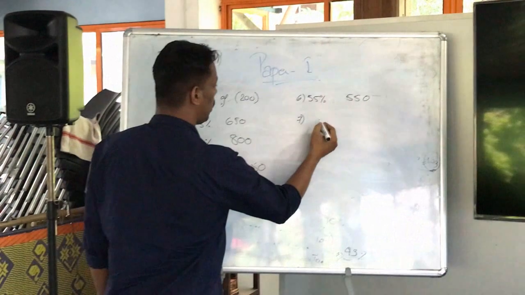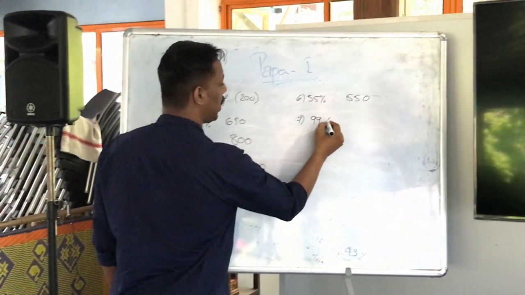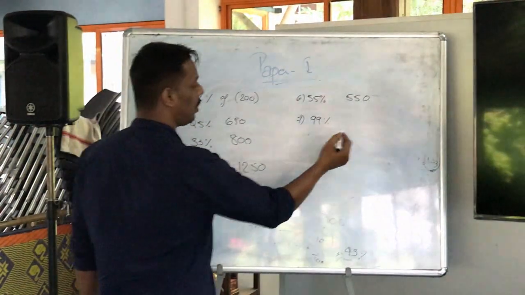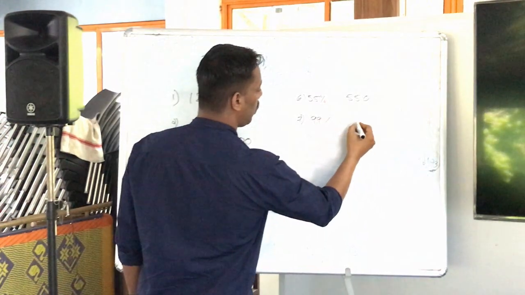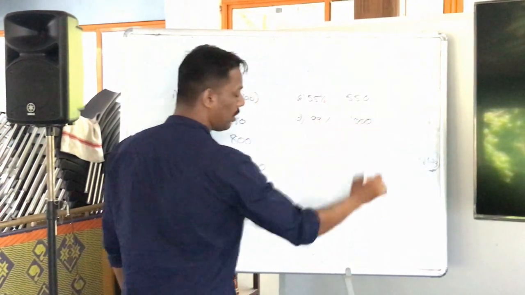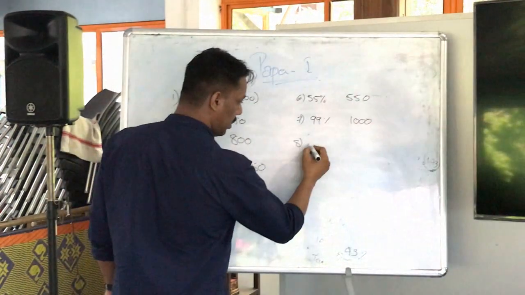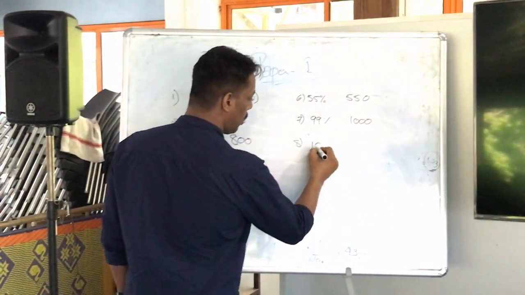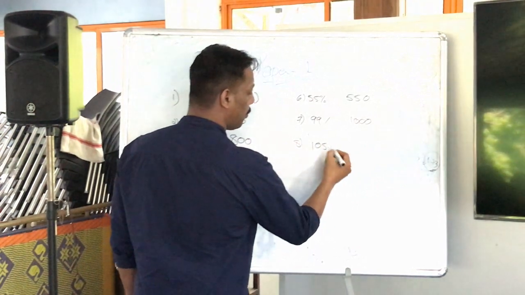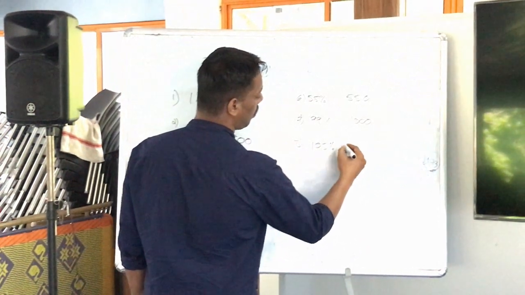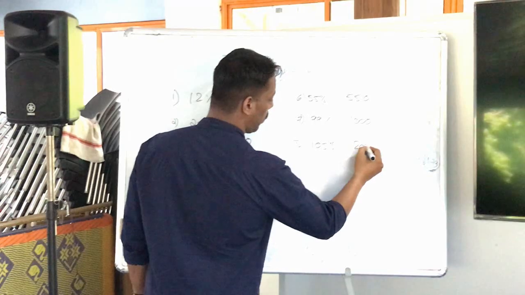What is 99% of 1000? What is 105% of 200?